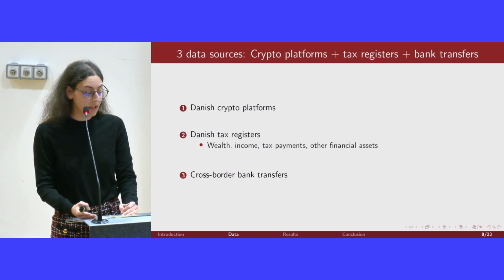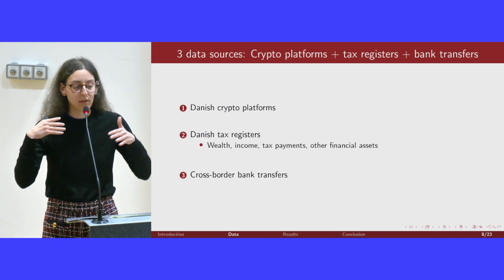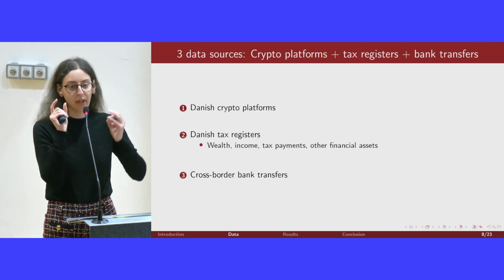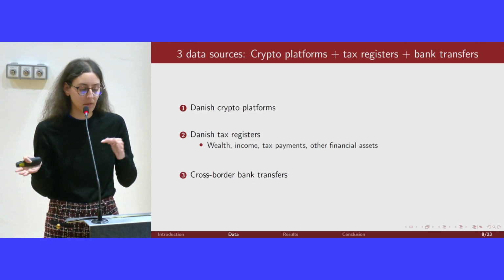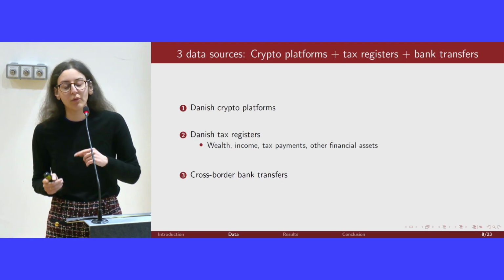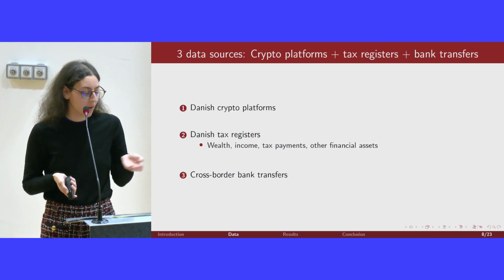Indirectly, though, when you want to use Binance, you are transferring money to Binance, so we can catch this in the bank transfers going in and out of your bank account, and this is our proxy for the use of foreign platforms.